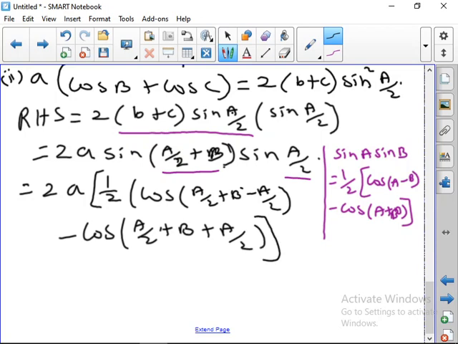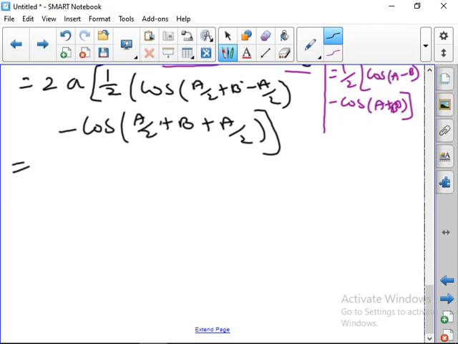So it is equal to 2 gets cancelled. Then A comes. Cos A by 2 gets cancelled.